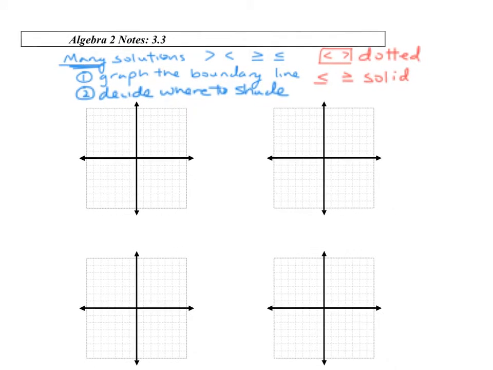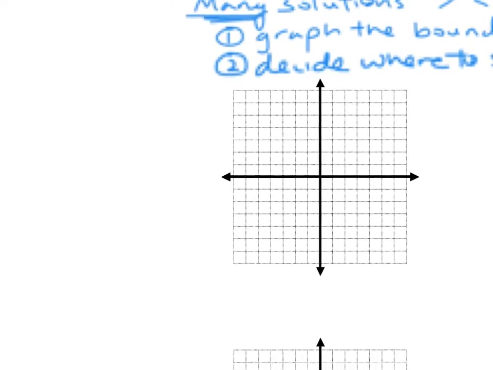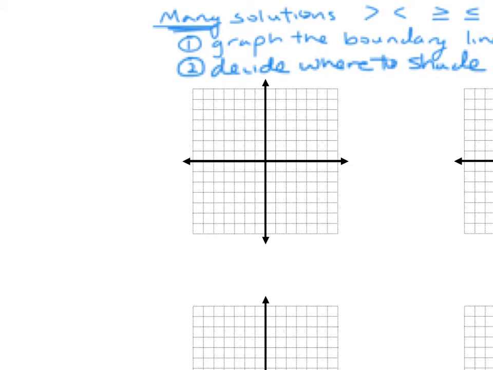Okay, so we're going to start with this. If I tell you the equation is y is less than 2x minus 3, first thing you're going to do is graph that as if it's an equation. So pretend that's just a line, not an inequality right now. Where would you go to graph it?